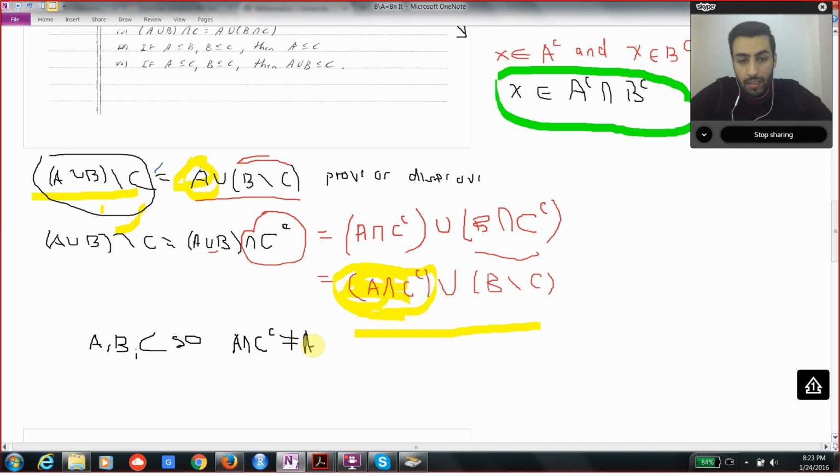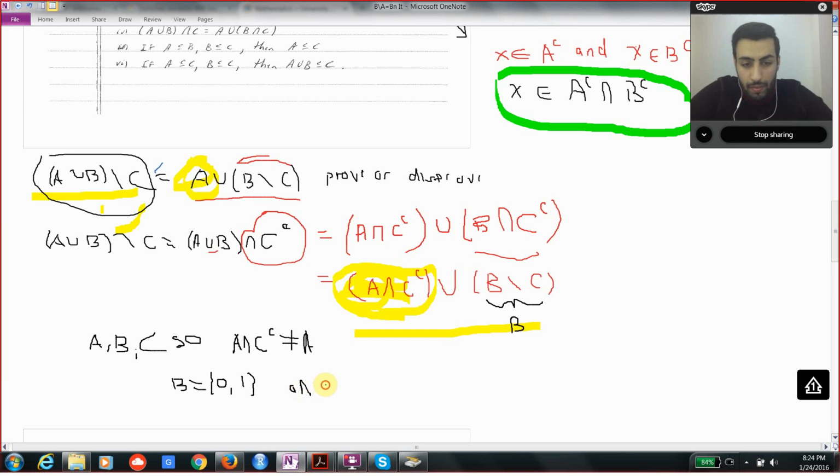Now here's what I'm going to do to make my life really easy. I'm going to make B and C be disjoint. Because if I choose B and C to be disjoint, this is just equal to B. B is 2, and C, so there's no common symbol between B and C. Exactly.